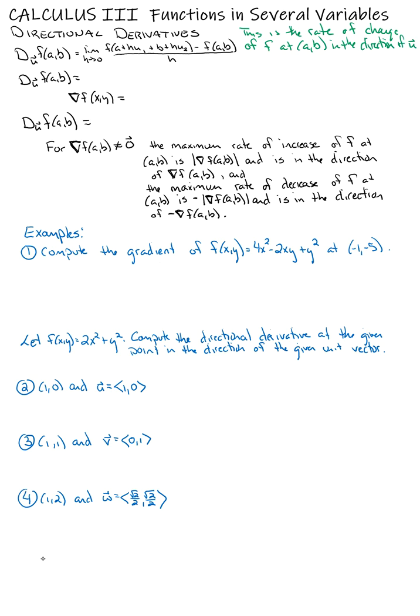So we must have a couple of things. First, f must be differentiable at the point (a, b). And then u, which I'll describe as having the components u1 and u2, must be a unit vector.